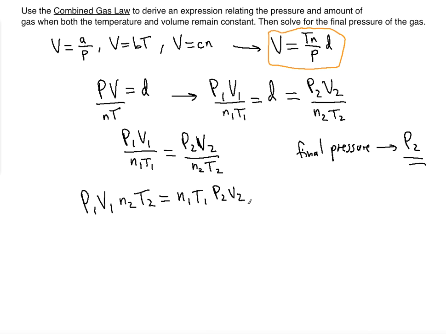So P2 is right here, so we have to divide both sides by these three guys other than the P2. So P2 is going to be simply P1 V1 N2 T2 divided by N1 T1 and V2.